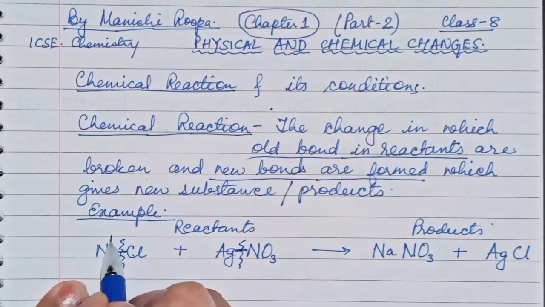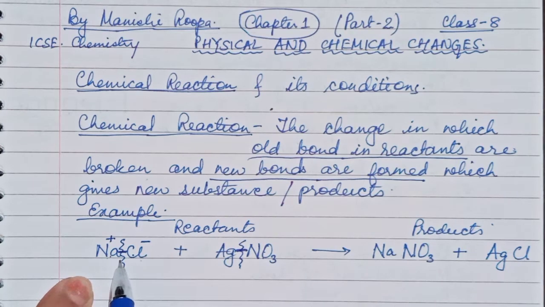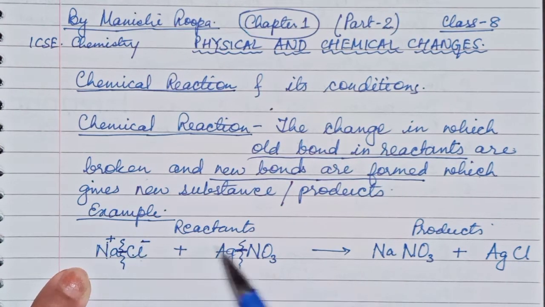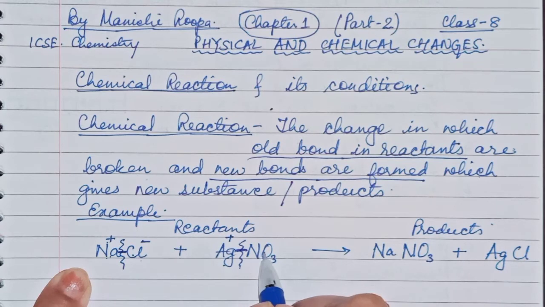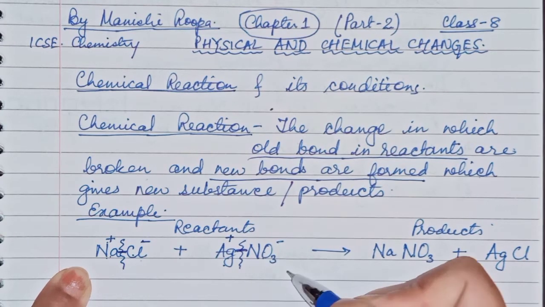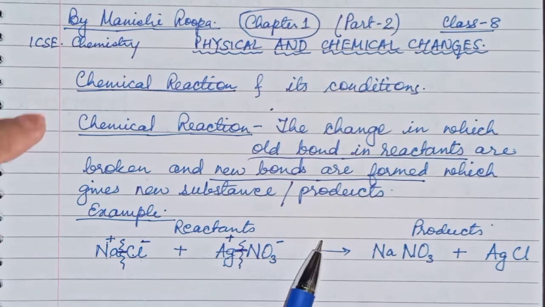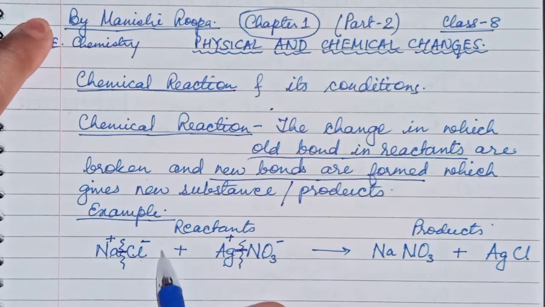Now these are in the form of ions. So when it is broken down, sodium chloride will form Na plus and Cl minus ions. Now silver nitrate will form Ag plus ion and NO3 minus ions. When they are in compound form, no charges are present on these compounds. When they are broken down, they form ions.